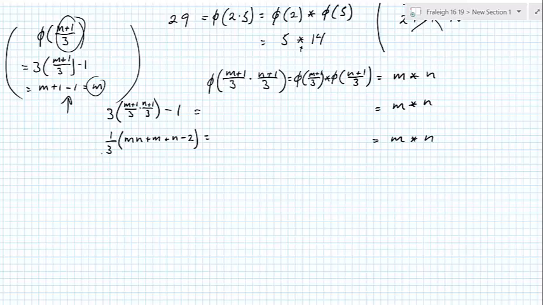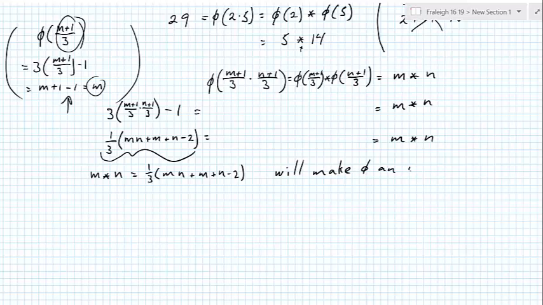And I'm going to conjecture that m star n equal to 1/3 (mn plus m plus n minus 2) will make phi an isomorphism.